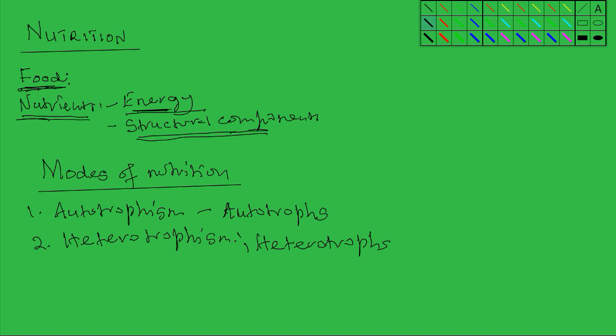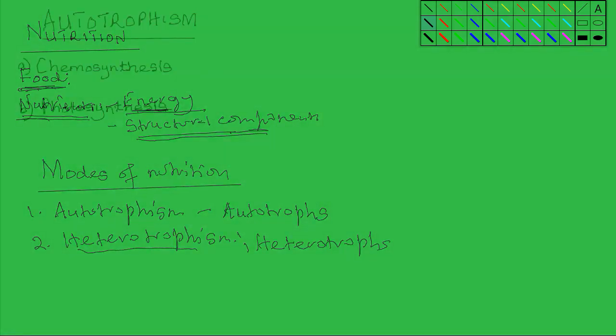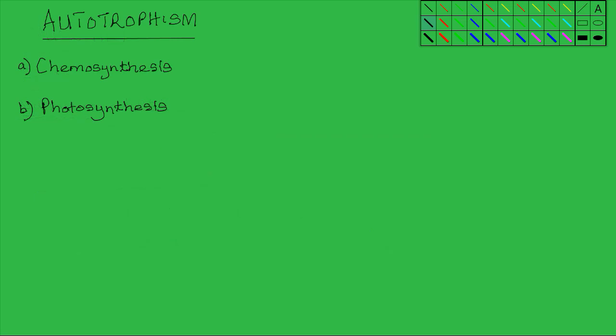Chemosynthesis is mainly carried out by certain types of bacteria that live both in the soil and in water environment. Now we are not going to talk anymore about chemosynthesis because our main focus is on the second type of autotrophism, and that is photosynthesis.